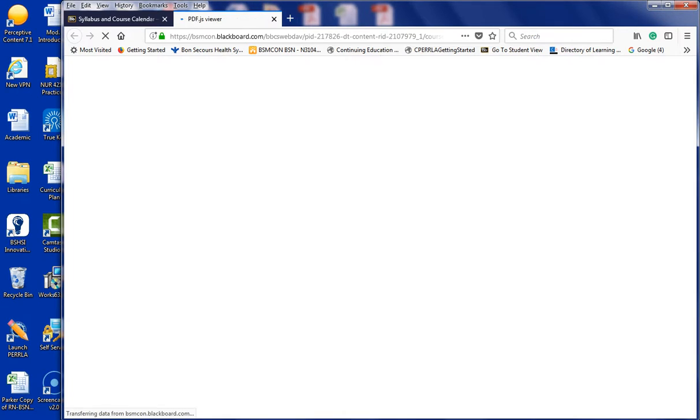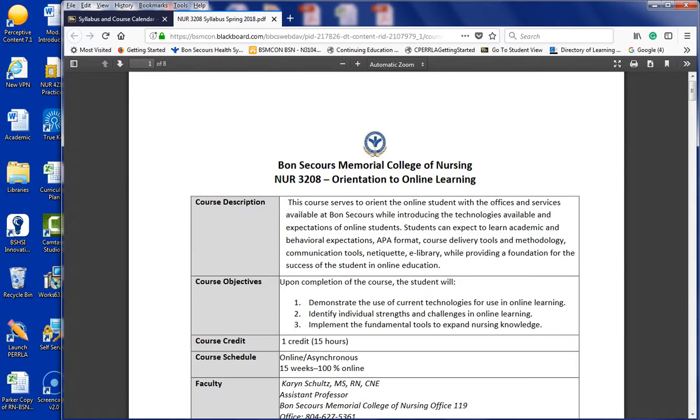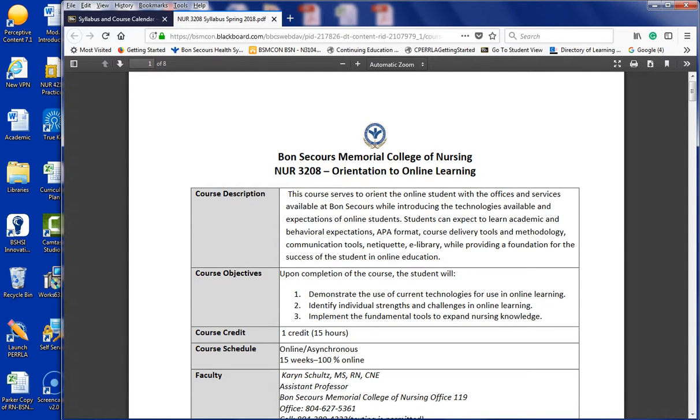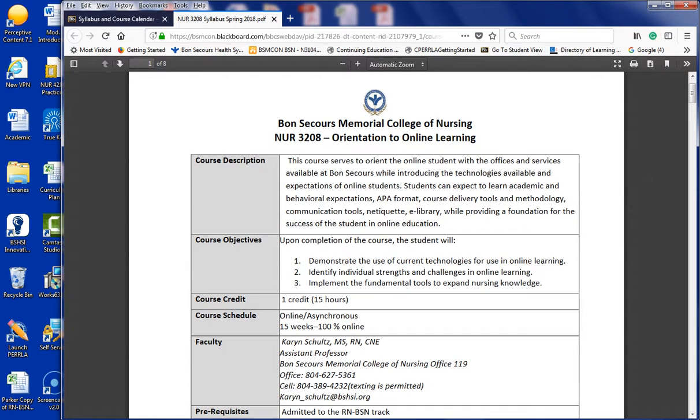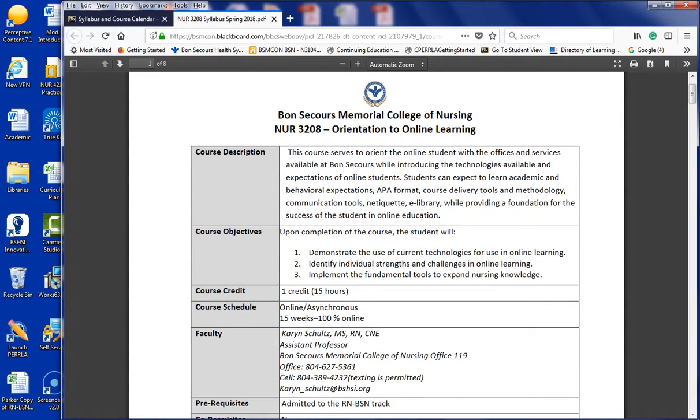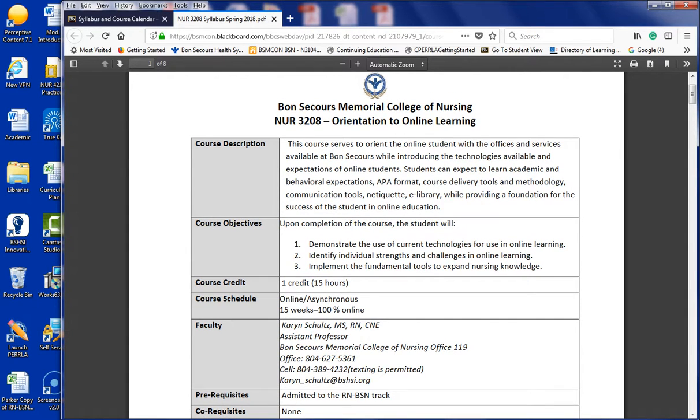The syllabus will tell you the purpose of the course is really to introduce you to technologies and familiarize you with expectations of online learning. We are going to focus on APA format. We're going to look at communication, netiquette, which is very important in the online world, e-library, and some different types of technologies that we'll use.